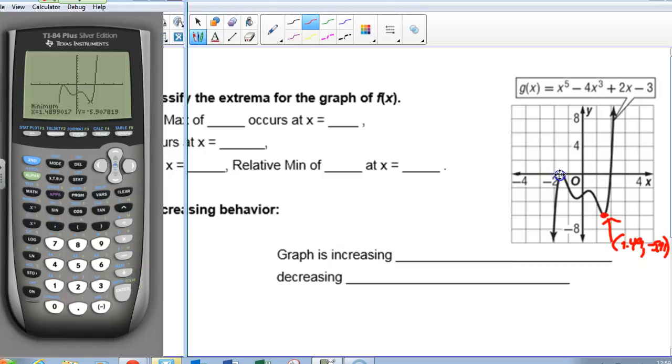Was anybody surprised they found that first maximum? I was. It's not actually on the y-axis, or x-axis, is it? The first maximum here is at, can somebody tell me what they found? Anybody find this min or this max yet?